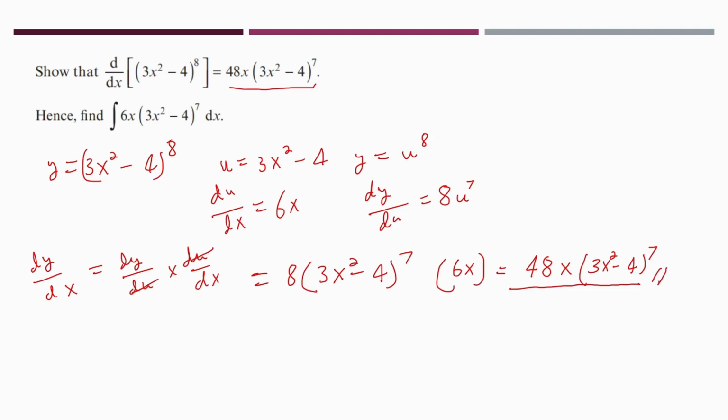And now, as you can see, the second part is on integration of this. Alright, so let's see what we can do over here. You know that the integrated form of this is going to be (3x square minus 4) raised to the power of 8. This is going to be its integrated form. Let me write it.